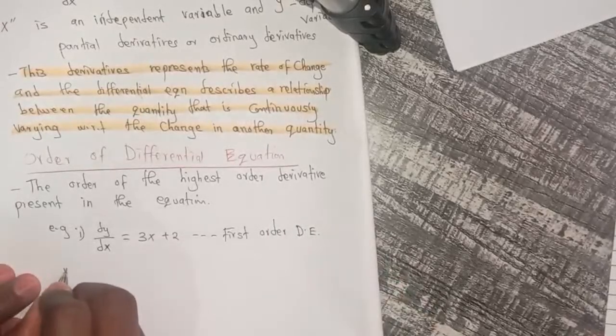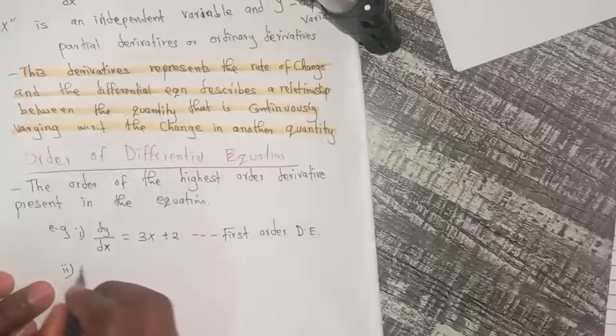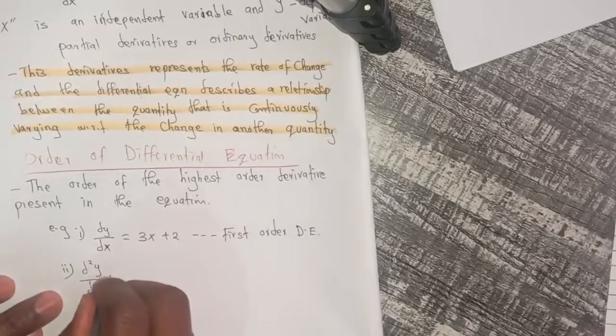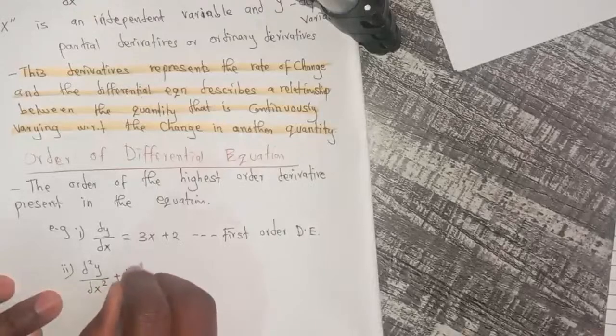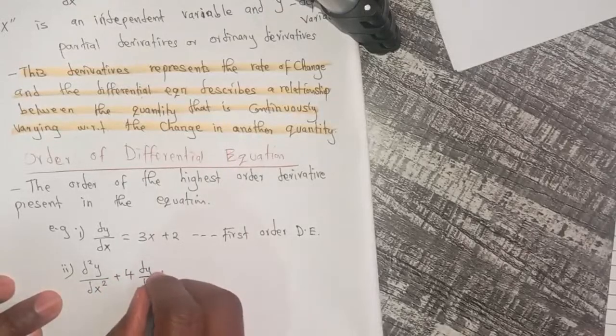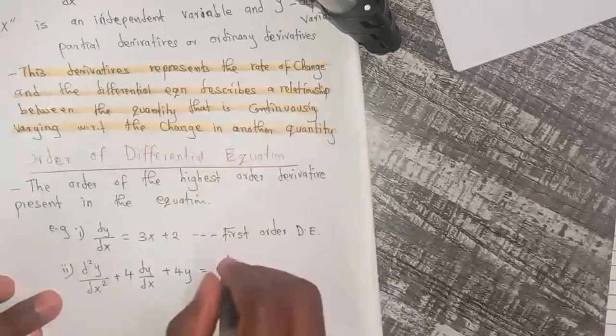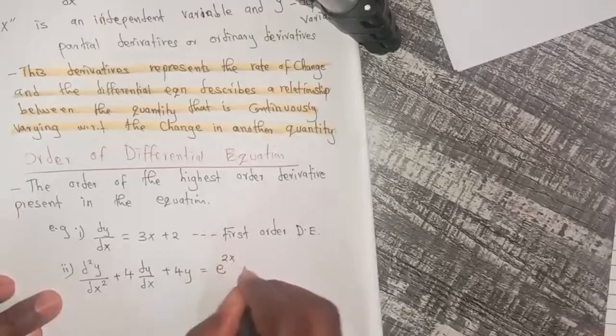Then example 2: the second derivative of y with respect to x, equal to 4 dy over dx plus 4y, is equal to the exponential of 2x.